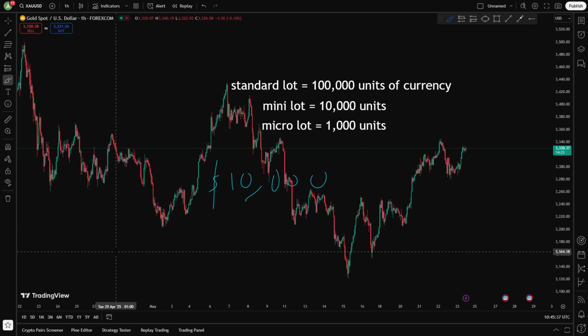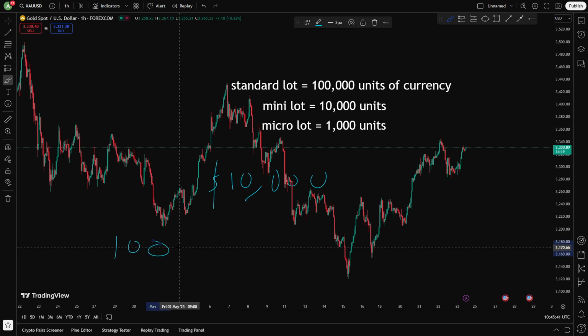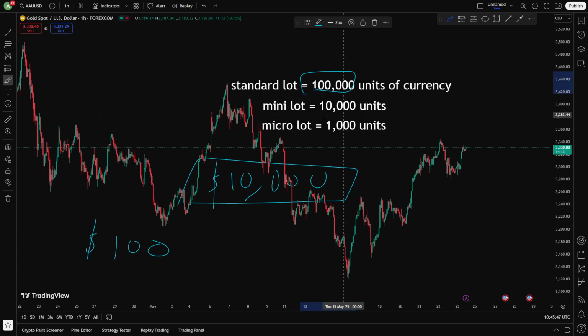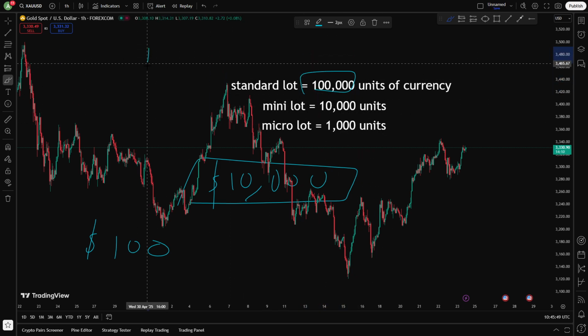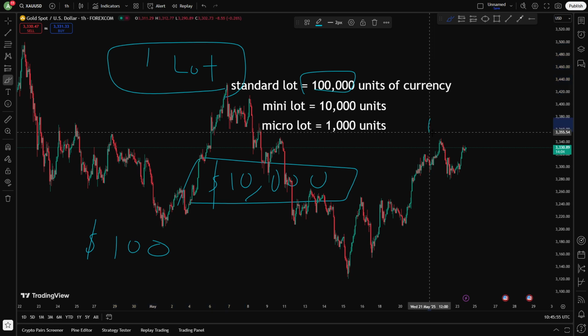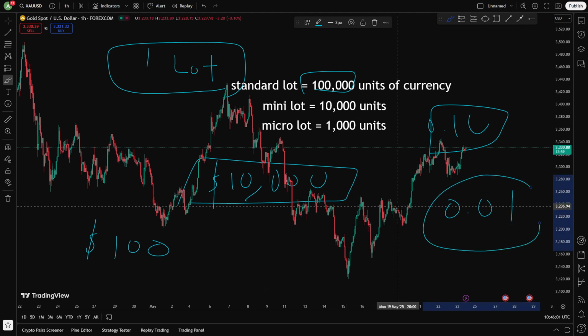Let's say you have $100. So you cannot open a standard lot. Well, guys, standard lot is basically one lot. Mini lot is basically 0.10 lots, and micro lot is 0.01 lots. Okay, keep that in mind.